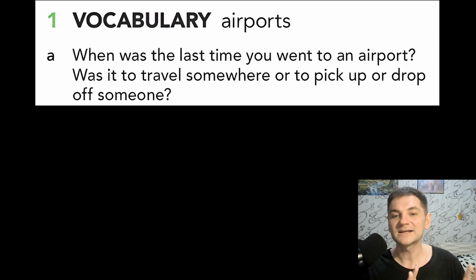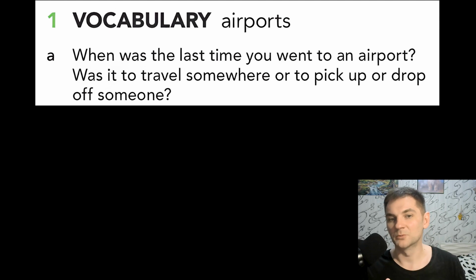Look, here I can only explain what to pick up and to drop off mean. If your friend or someone you know arrives at an airport, you go there and pick up your friend. So you meet your friend there and they get in your car or a taxi and you leave this place together, like pick up someone.